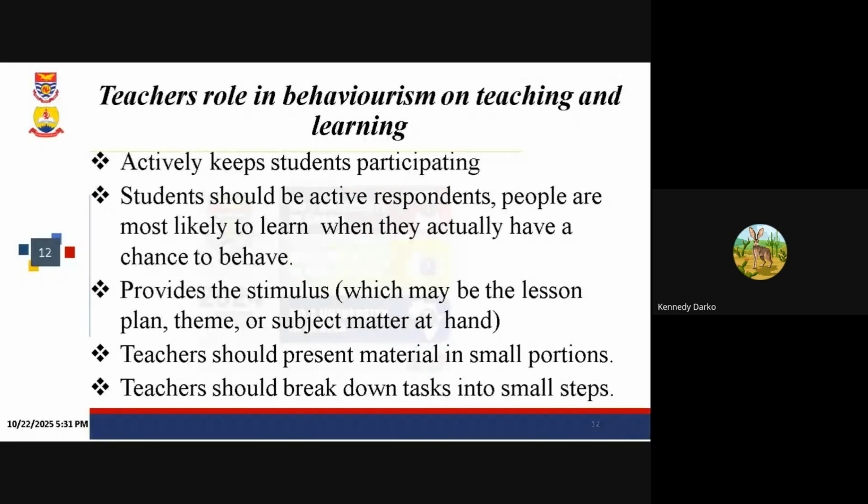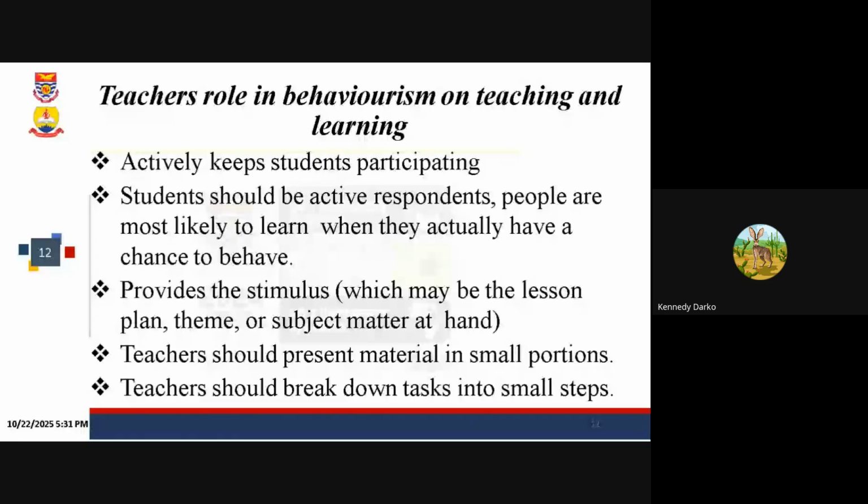Now, in this behaviorism aspect, what do teachers do? What role are we going to play? We said that the teacher actively keeps students participating. Even if it's group work, the teacher moves around to check whether everybody is participating.